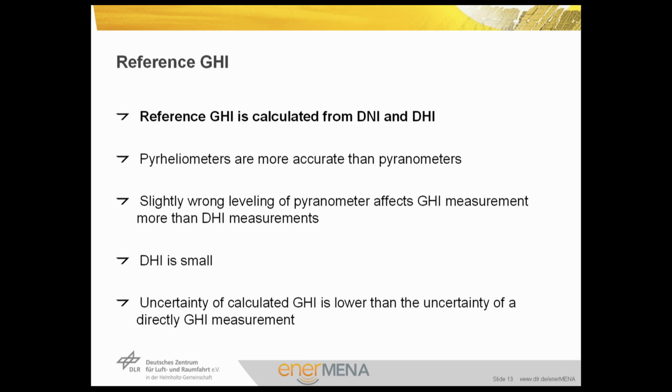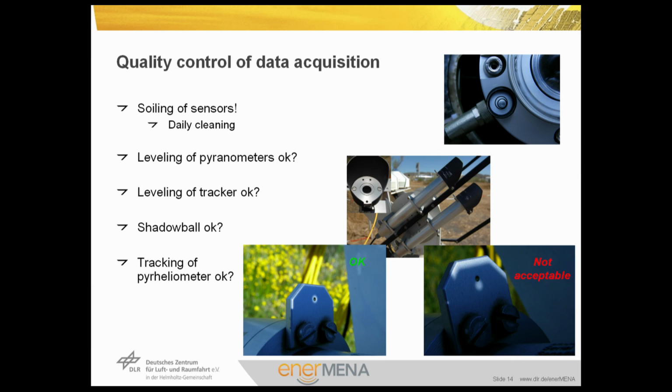And then we have to consider also that DHI is small. So in the end, this means that the uncertainty of the calculated GHI is lower than the uncertainty of a directly measured GHI.